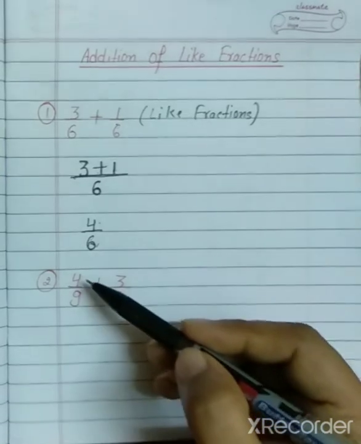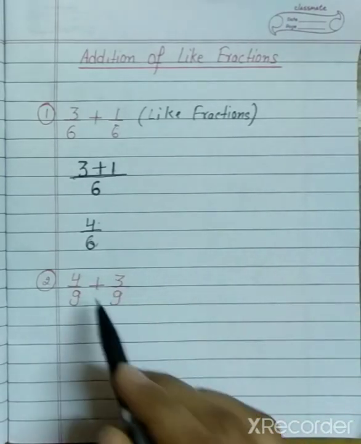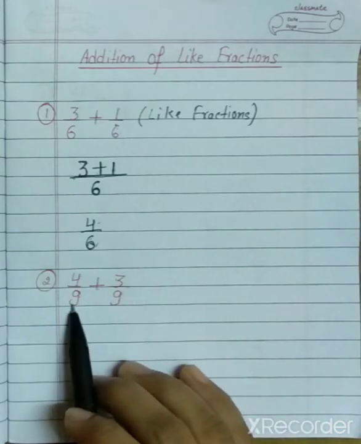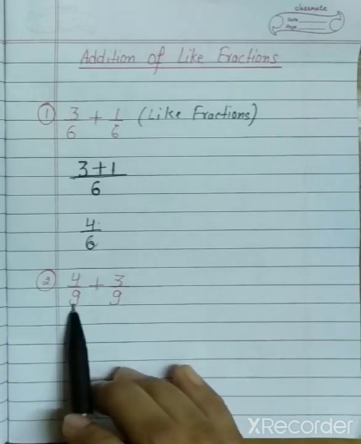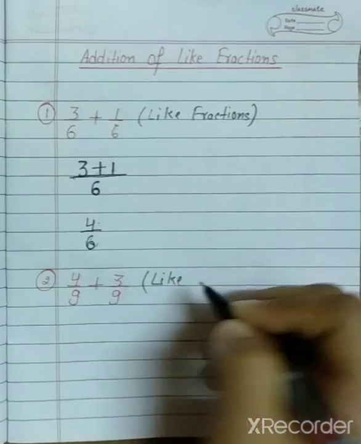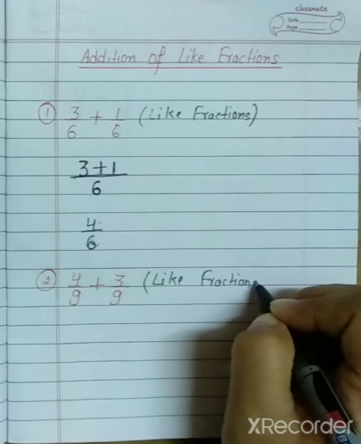Next one is 4 by 9 plus 3 by 9. How will we add these fractions? First of all, we will see whether these fractions are like or unlike. Yes, denominators of both the fractions are same. So these fractions are like fractions.